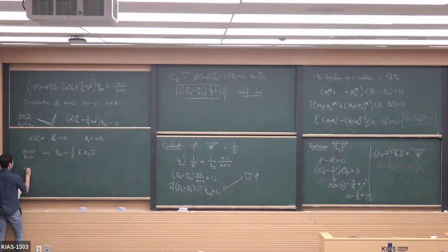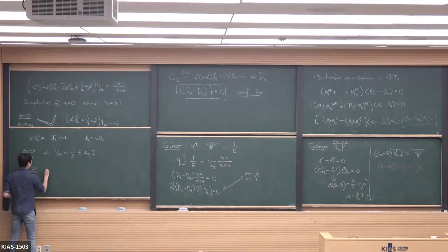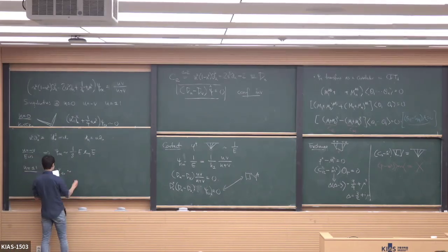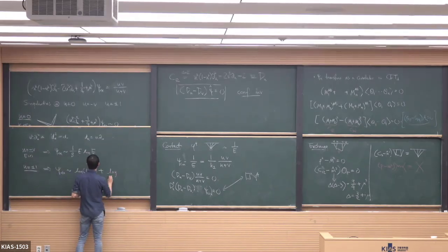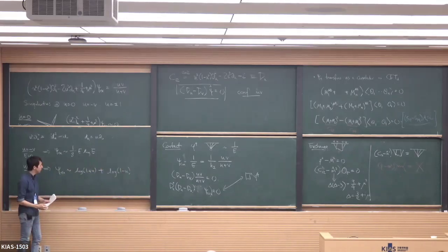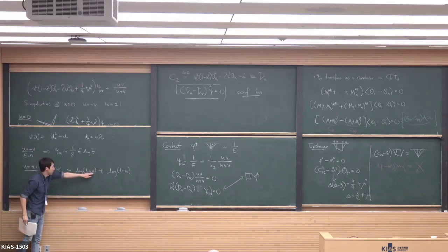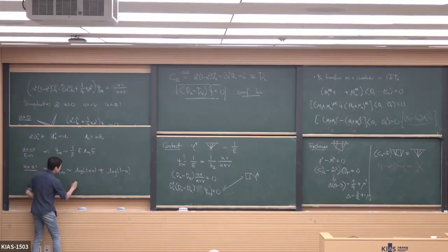And finally, if you take u to be plus or minus 1, you will get the following behavior. The exchange will have two types of singularity, where it goes as log of 1 plus u and log of 1 minus u. Now, this singular behavior as u goes to minus 1 is precisely the energy singularity that we saw.